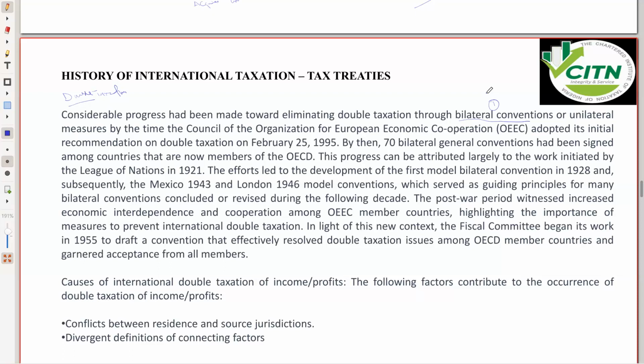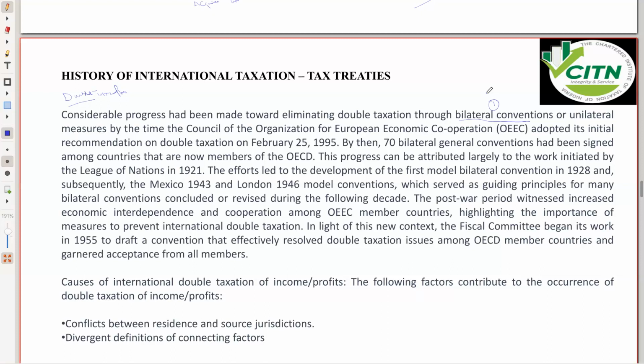It helps to prevent international double taxation. And the body continues to make progress and continues to bring up a number of other supporting documents to help countries reduce the possibility of double taxation. Nigeria, for example, even though not a member, does adopt some of the principles of OEEC. And we're going to speak to some of these principles as we go along.